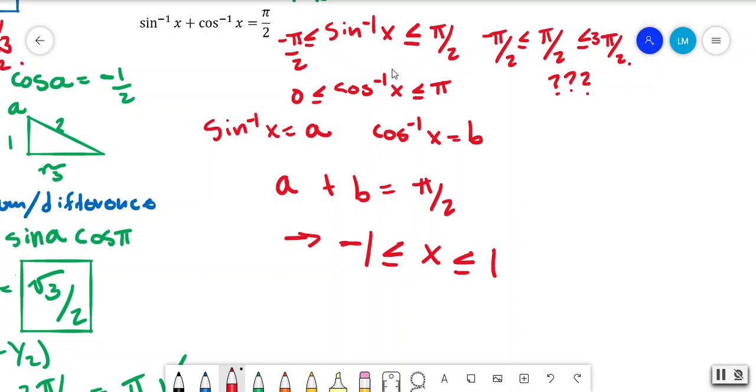will work. All angles between 0 and pi radians, those will work too. But the main thing that determines the truth of that statement is if and only if x is between -1 and 1.